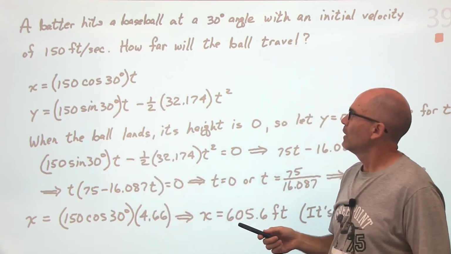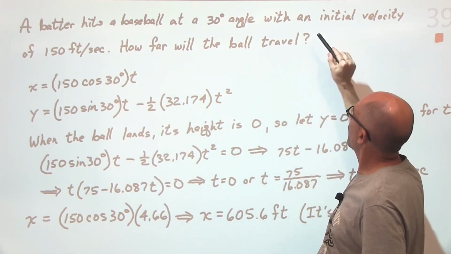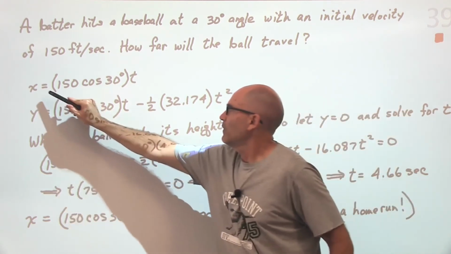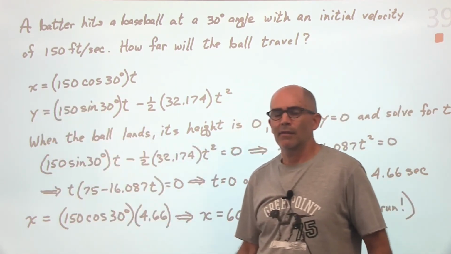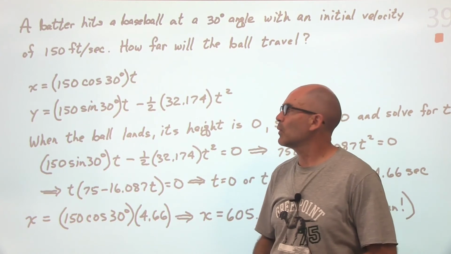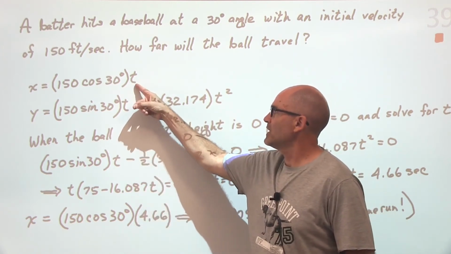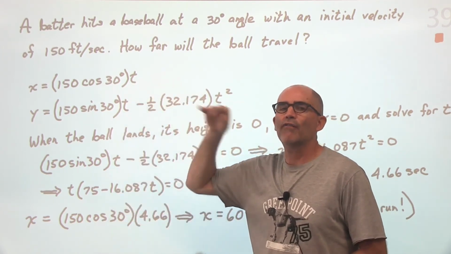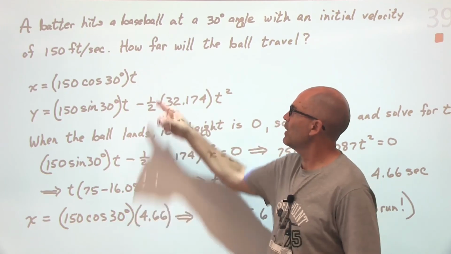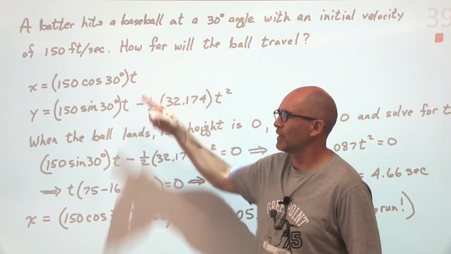Problem is, we're asked how far will the ball travel. That's what x is. Well, how do we know what x is when we don't know what t is? We don't know how far it will travel until we know how long it travels.